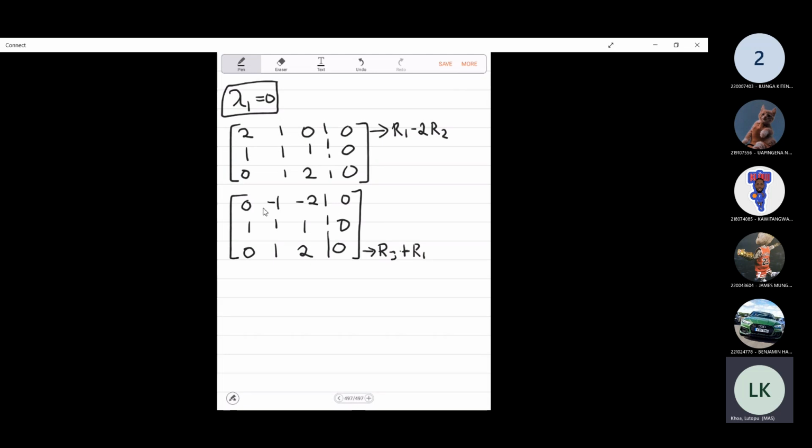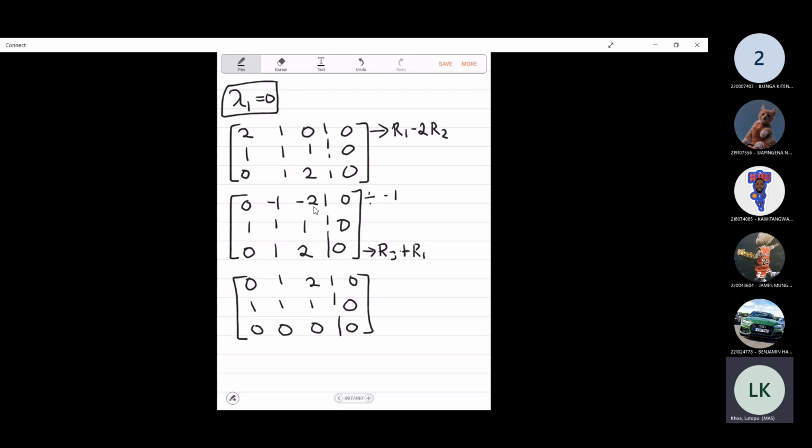And then this one here divided by minus 1. I have 0, 1, 2, 0, 1, 1, 1, 0, and then 0, 0, 0, 0.